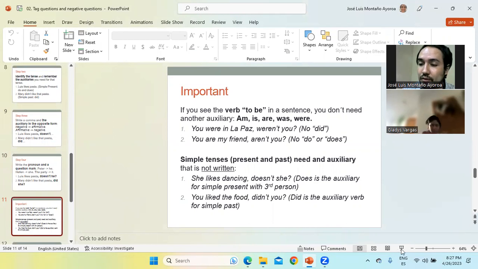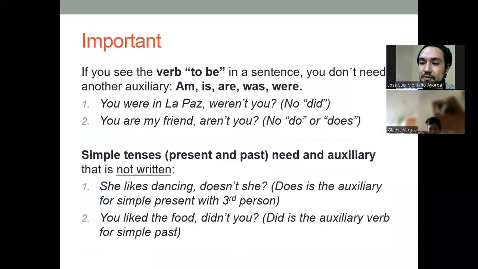This is the recommendation I told you. So let's read this first, please, before going to the exceptions, Gladys. Important. Let's read everything that you see there. If you see the verb to be in a sentence, you don't need another auxiliary. Is, are, was, were. You were in La Paz, weren't you? You are my friend, aren't you?